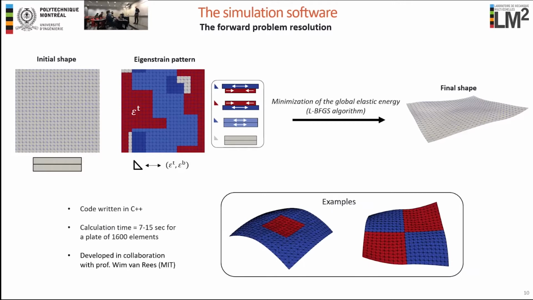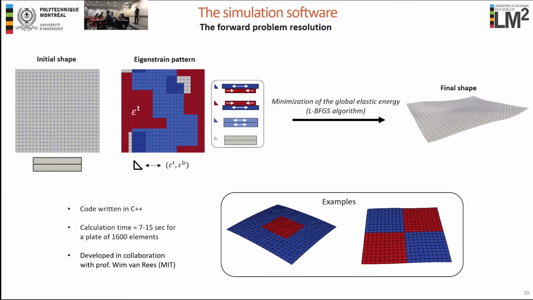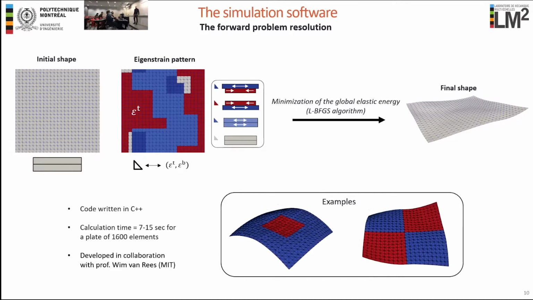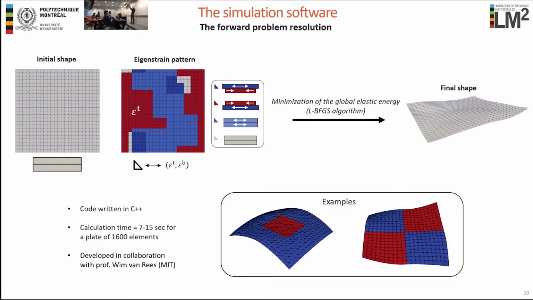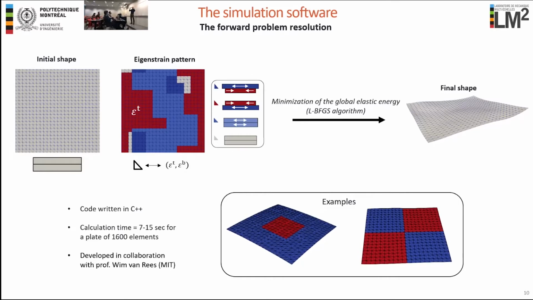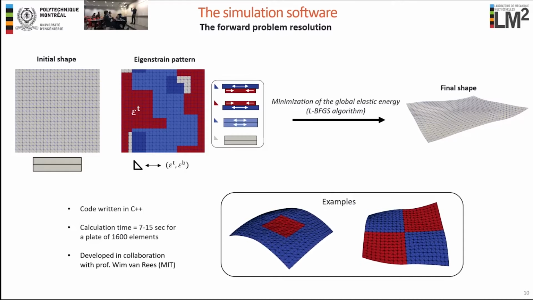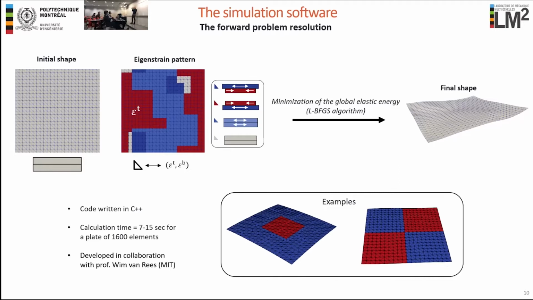So here in the bottom, we can see a couple of examples of the plates deforming under various peening patterns. Actually, I even have one of them here today. So you see this kind of checkerboard pattern, which is deformed in a very beautiful wavy shape from both sides. You can see here.